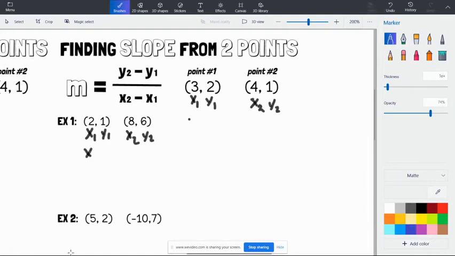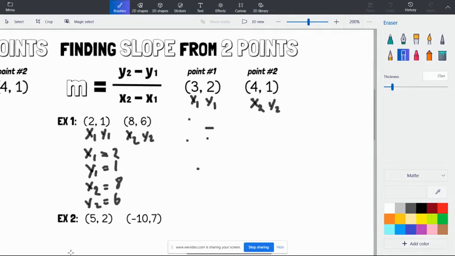So x1 equals 2, y1 equals 1. From right there, this top point, our second point, x2 equals 8, y2 equals 6. My hand keeps making all these dots over here.